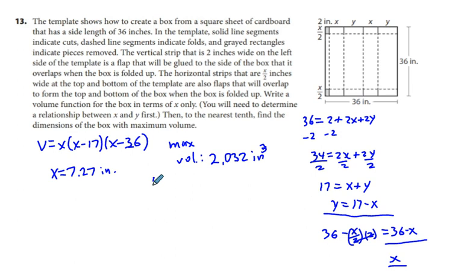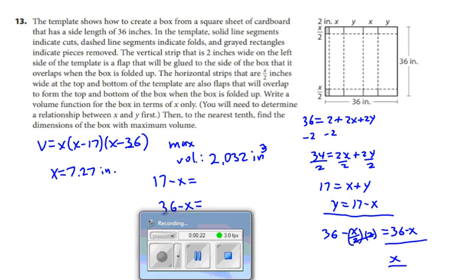Also, we have x, and we're going to have 17 minus x. That's going to be one dimension. And we're going to have 36 minus x.